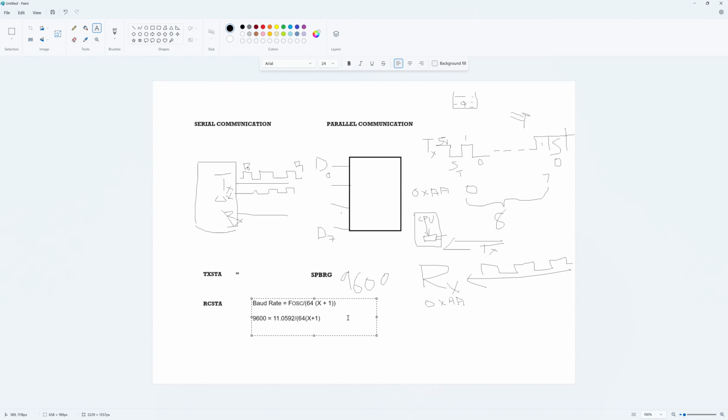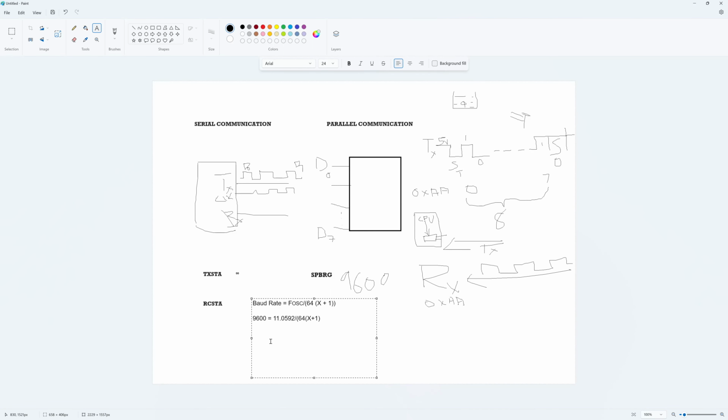So we need to find out the value of x over here. How can we find it? We need to do some mathematical operation here.